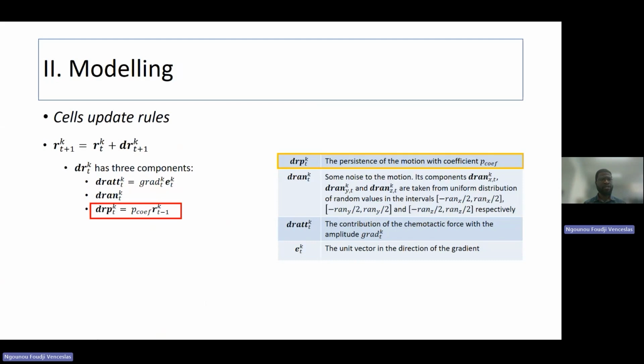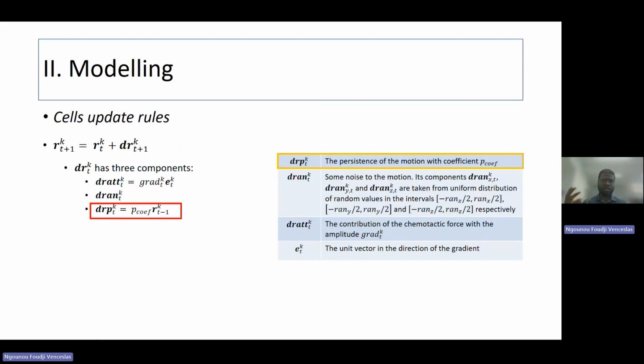The last component, which may be the less obvious, simply takes into consideration the fact that we assume that the cells are not stupid enough to move from one step to the next in two completely uncorrelated directions because of the randomness that we have assumed previously.